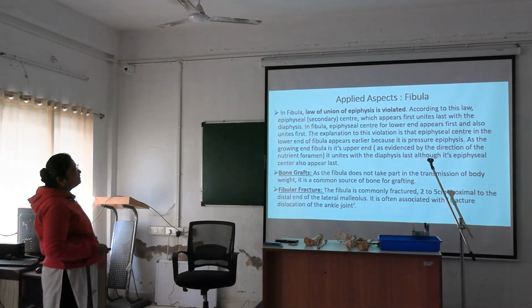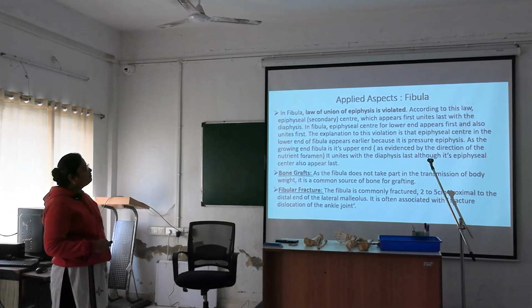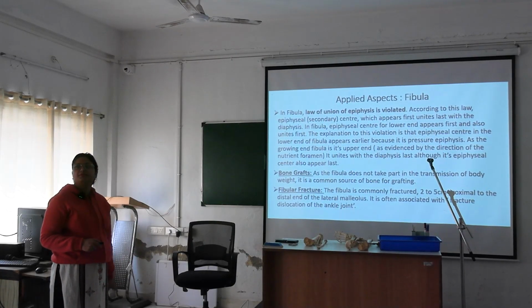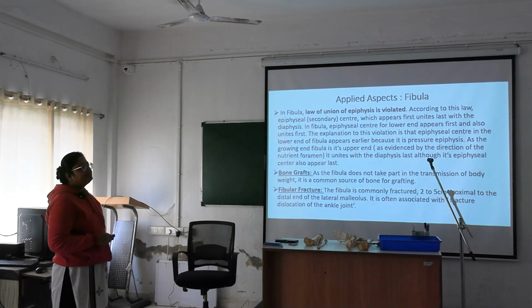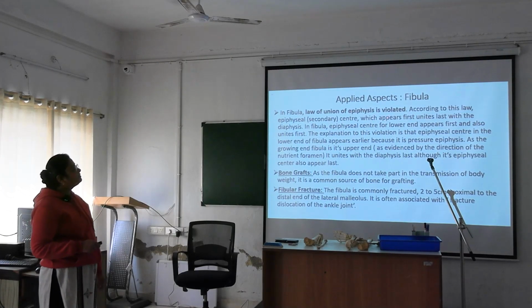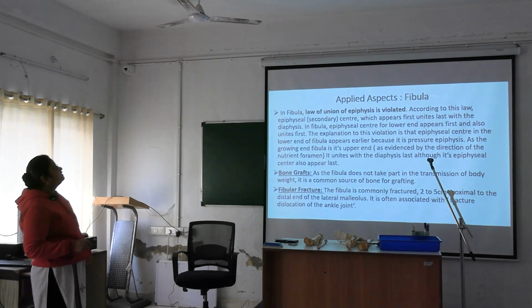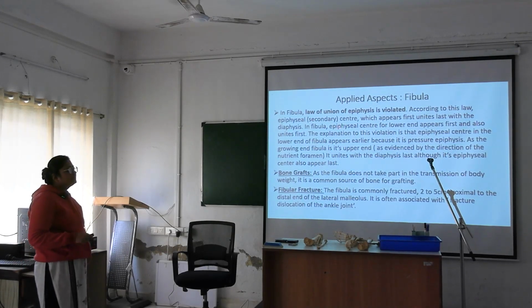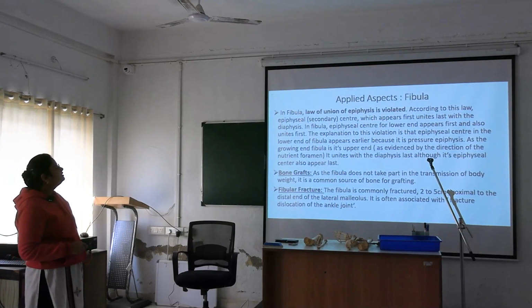So this comes very important, an explain why question. Why is the law of union of epiphysis not followed in fibula? The cause you have to know. In fibula, the law of union of epiphysis is violated. According to the law of union, the epiphyseal or secondary center which appears first unites last with the diaphysis.